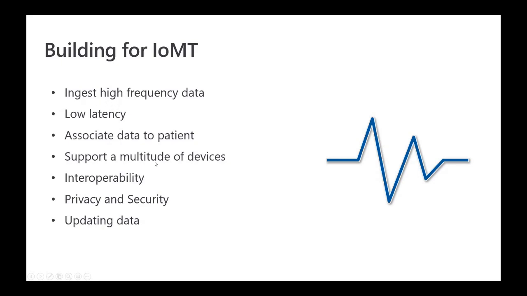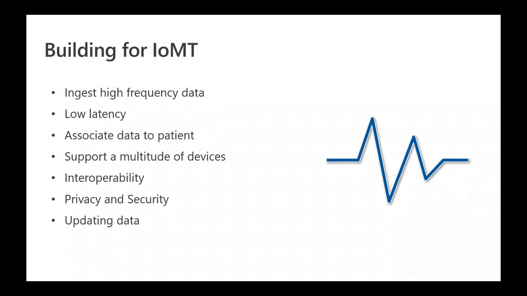So you want to be able to ingest the data and make it available as soon as you can. You also have to associate data from the device to a patient record to make it meaningful. There's also a multitude of devices out in the ecosystem. There's not a lot of standardization out there, and they all report data in their own unique way. Another key thing that you would need to account for is interoperability, specifically within the healthcare data realm.